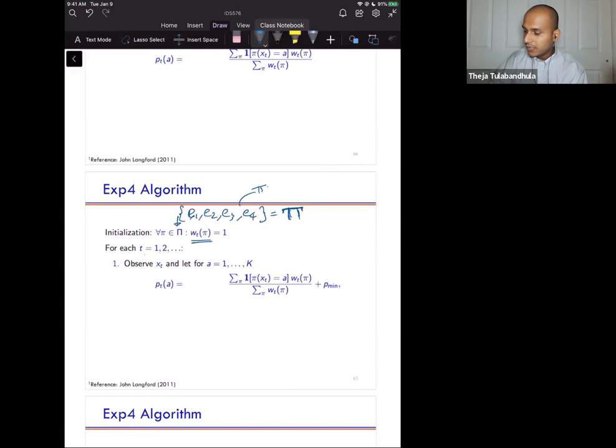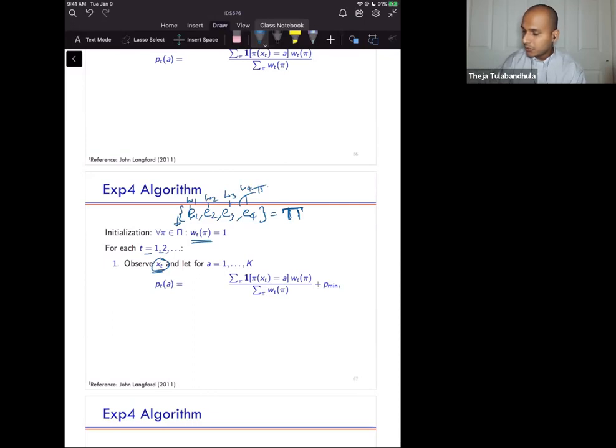And in each round, you observe some context. Instead of C, I'm using X here. Because you're maintaining a number for each policy, W1, W2, W3, and W4, these are going to be functions of time, because you're going to update these weights over time.